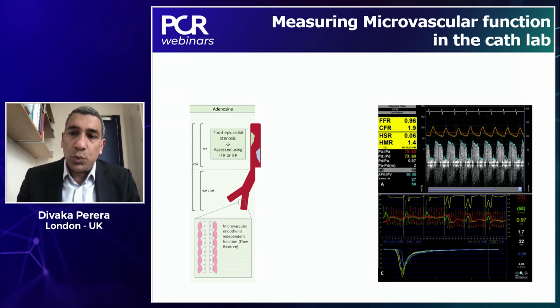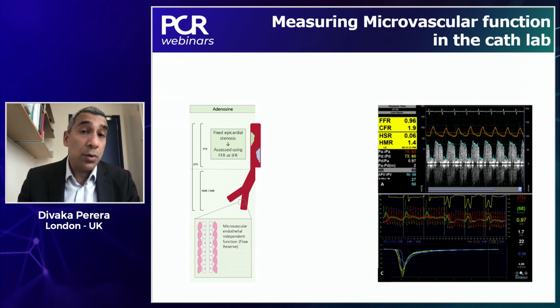Now, I think it's worth us reviewing briefly what can now be achieved in the cardiac catheter labs, and the advances that have been made in the adjunctive techniques to angiography have been tremendous in the last 10 or 15 years. The most common mode of testing, and the one that you'll be most familiar with, is when we test smooth muscle function or endothelium-independent function.